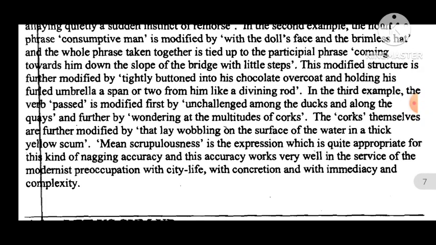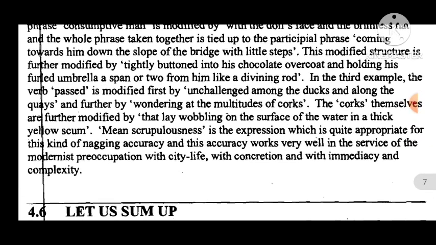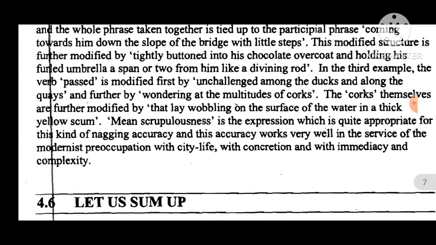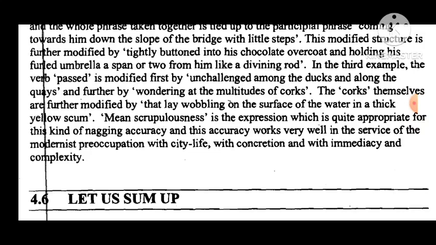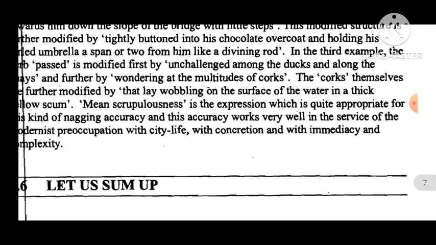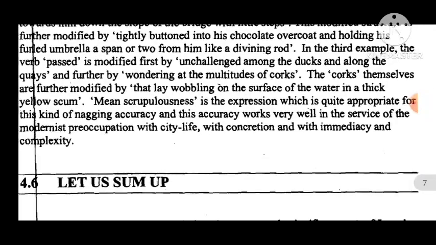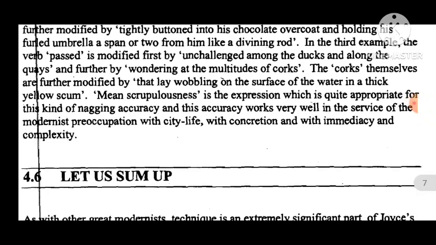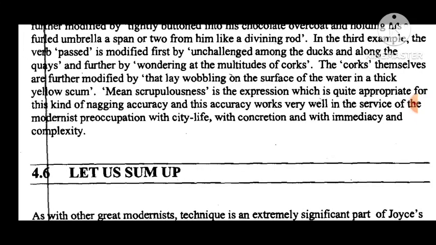This modified structure is further modified by tightly buttoned into his chocolate overcoat and holding his furled umbrella a span or two from him like a diving rod. In the third example, the verb passed is modified first by unchallenged among the docks and along the quays, and further by wondering at the multitude of corks. The corks themselves are further modified by that lay wobbling on the surface of the water in a thick yellow scum.